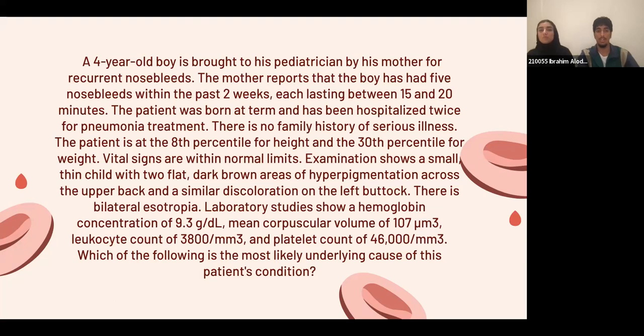Examination shows a small, thin child with 2 flat, dark brown areas of hyperpigmentation across the upper back and a small discoloration on the left buttocks. There's bilateral esotropia. Laboratory studies show a hemoglobin concentration of 9.3, an MCV of 107, leukocytes 3,800, and platelets 46,000. Which of the following is the most likely underlying cause of this patient's condition?